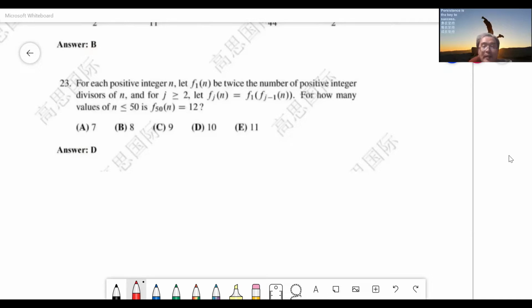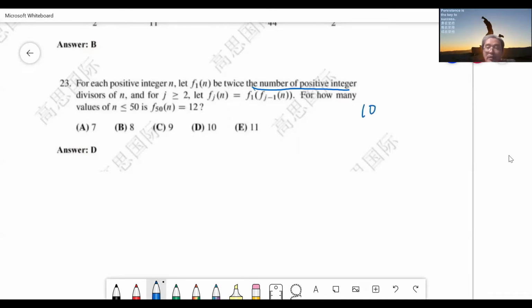Right. So here, I want you to know two basic things. First, what is the number of positive integer divisors? The next is to understand what this function f means. First, let's look at the number of divisors. Suppose we have the number 10.